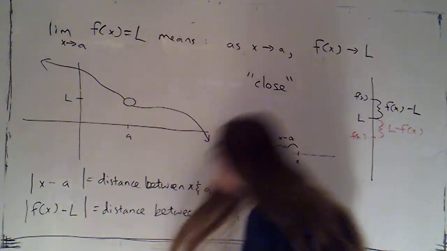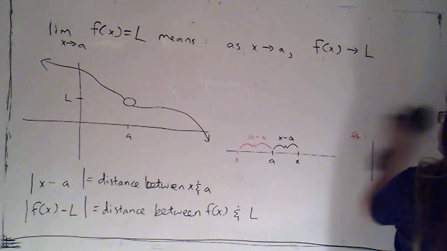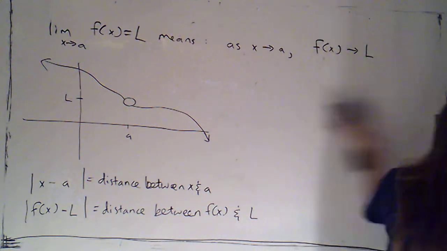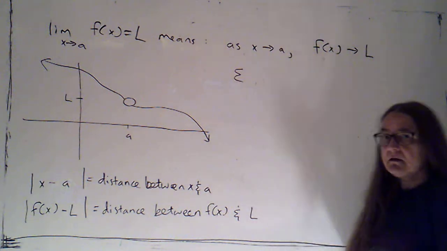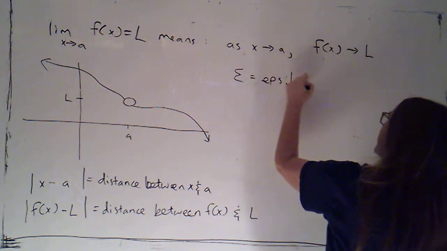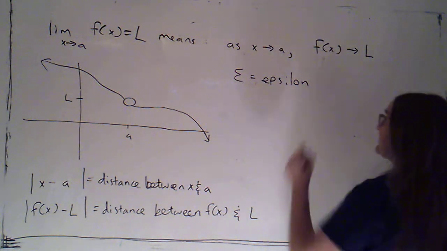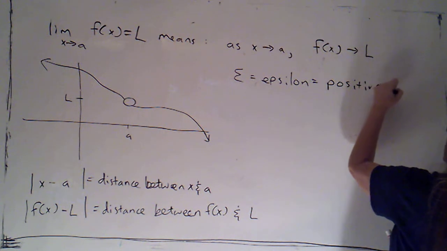So what I'm going to do is introduce two variables. I'm going to introduce epsilon. I'll write it out, epsilon is the name of that. That's a Greek letter epsilon. It's going to be a positive variable.